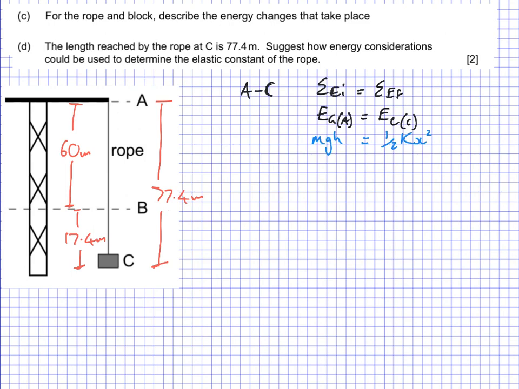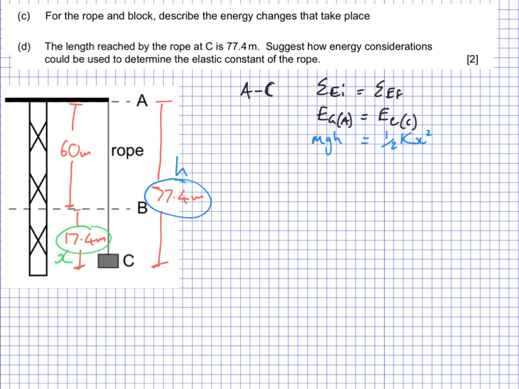Well, we've gone from A to C, so this guy would be the height from A to C. Hopefully you can see that. How much does the elastic stretch? Well, it's not 77.4, so the elastic is going to stretch this. So this would be the x. Okay, so that's one way to get k, and then obviously we're just going to go ahead and solve for this elastic constant right here.